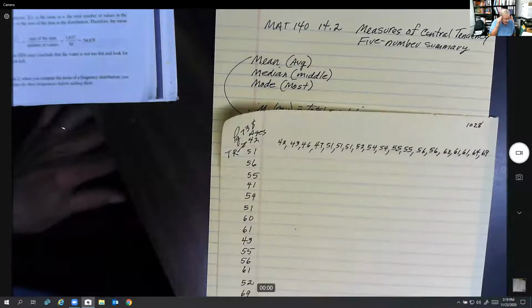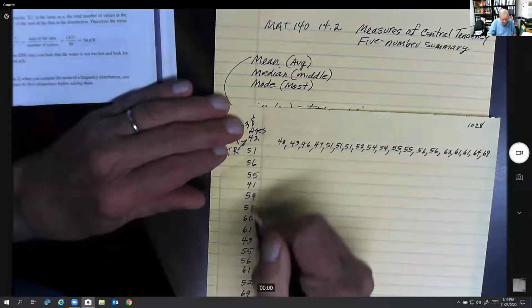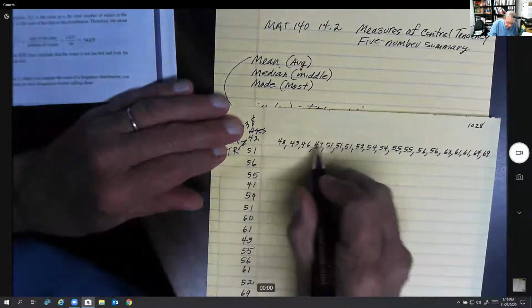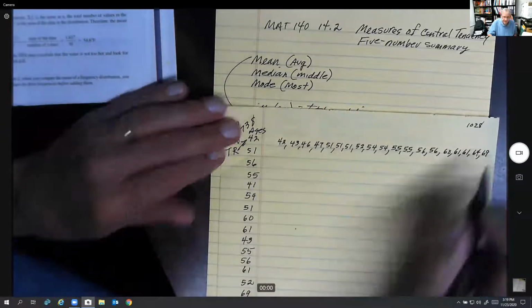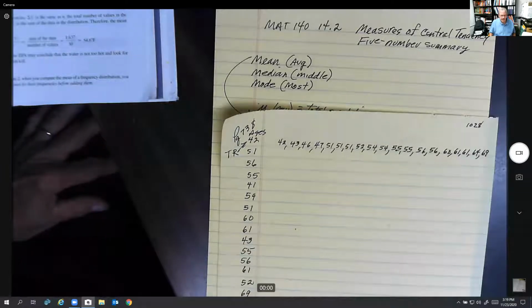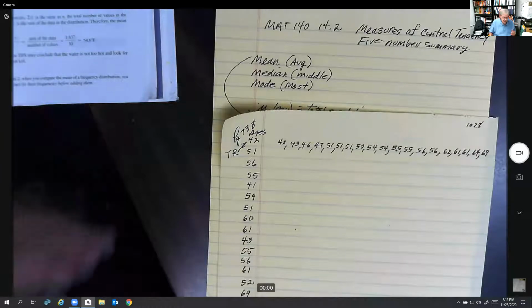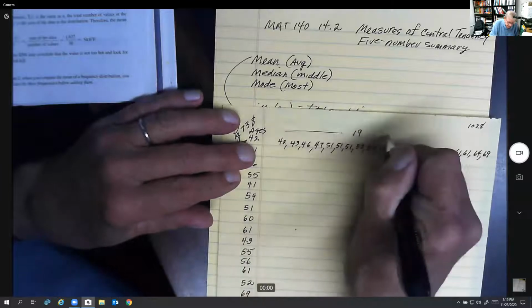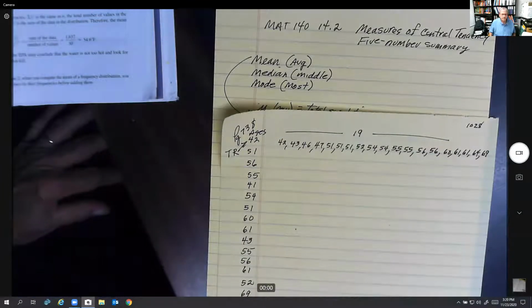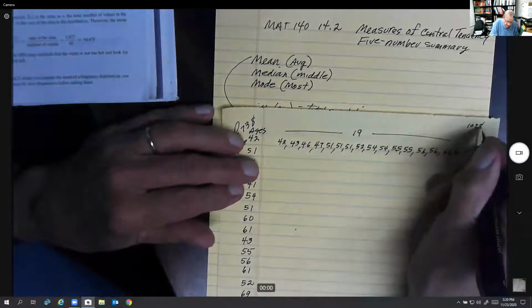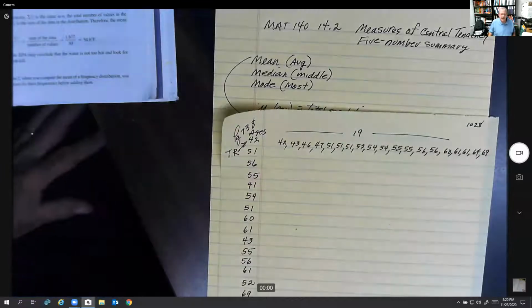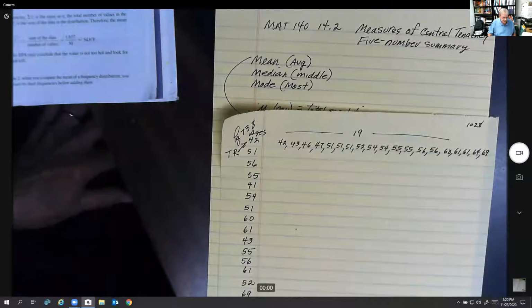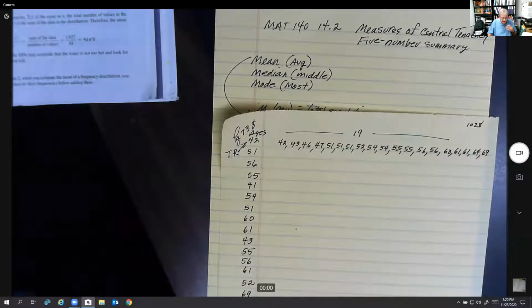So I took the liberty to put these numbers from the smallest to the biggest. Sometimes we want to arrange our data this way. When I counted them up, there were 19 presidents. I also added them all up, and it came out to 1,028.